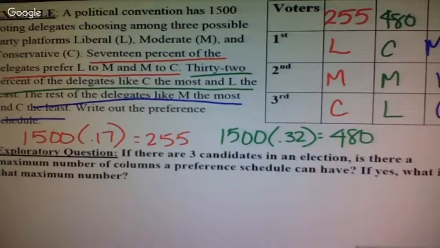I can either take this grand total and subtract off the first two columns to figure out how much I have left, or I can figure out what percent I have left and multiply like I did before. So this last column should be 765. And again, if you need to see the math, 1,500 minus 255 minus 480 will give you your 765.